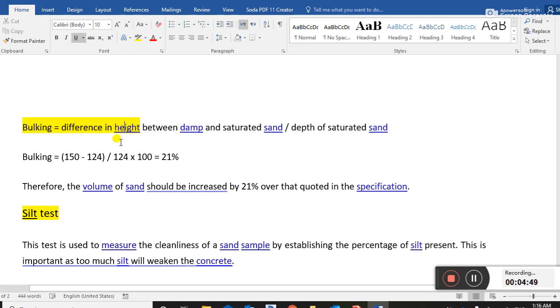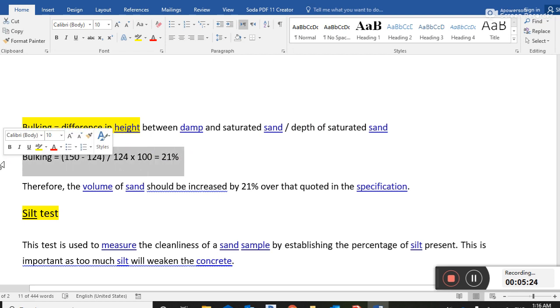The percentage of bulking is the difference in height between damp and saturated sand divided by the depth of saturated sand. Bulking is equal to 150, the difference in height between damp 150 and after inundating it is 124, divided by the depth of saturated sand, 124, into 100, it is 21%, guys.